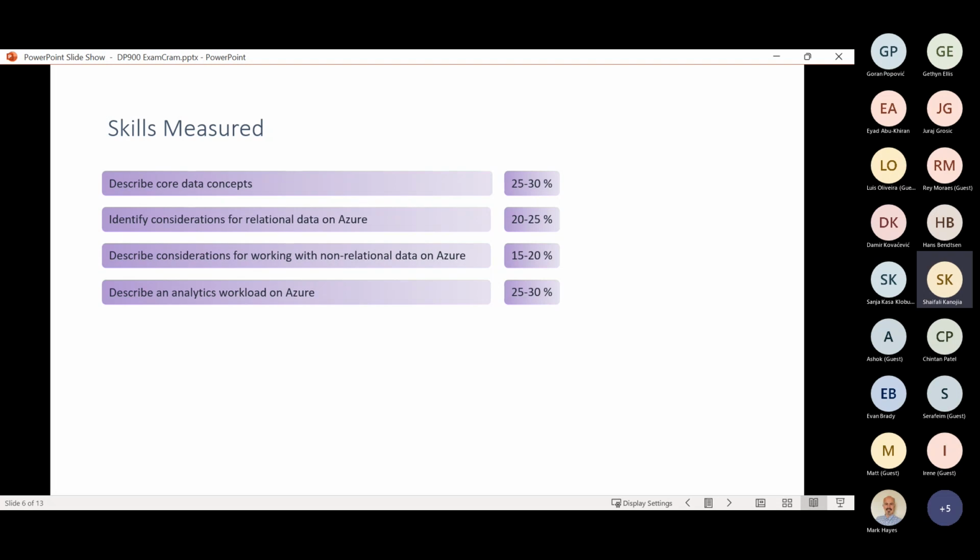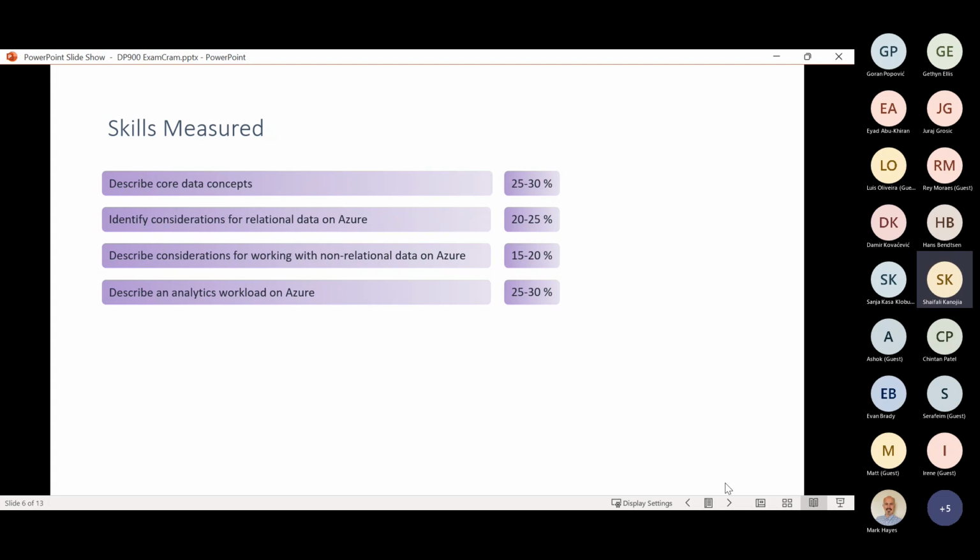For example, if you are using Azure Synapse for your data warehousing, you must have heard the term ETL, in which you extract, make some transformation, and then load. How are you going to use the data sitting in Azure Synapse Analytics and visualize it in another tool, Power BI? They have talked very briefly about what data models are available and how you can connect with the other Azure services.